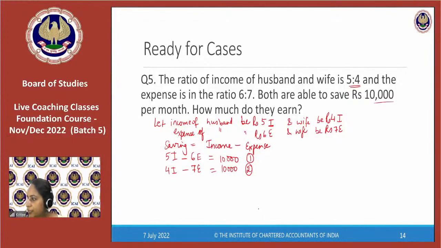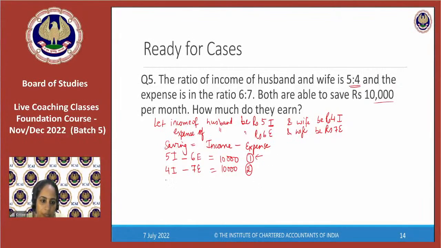Yes, you can take X instead of I. I took it because I was representing I as income and E as expense. You can take X and Y, you can take A and B, you can take P and Q, whatever variable you want. So we can solve these two equations. The equation is a chapter that we will be understanding later on, but still we can at least try to solve these questions. So what we would be doing is, we may try to find out the value of I from here and substitute it in the second equation.